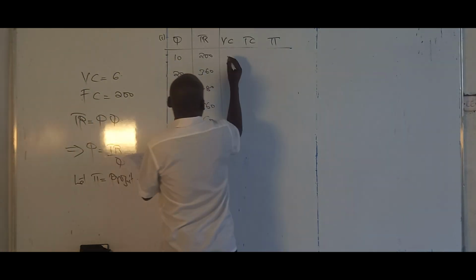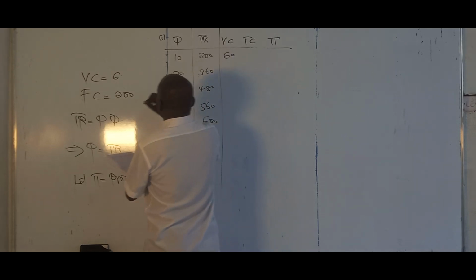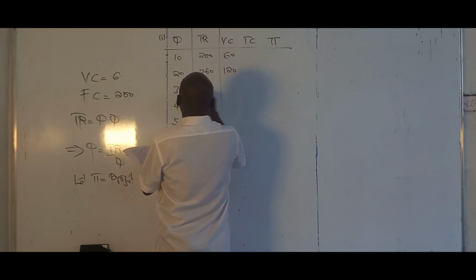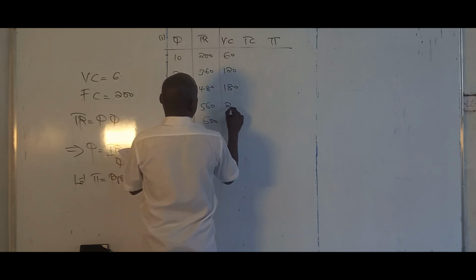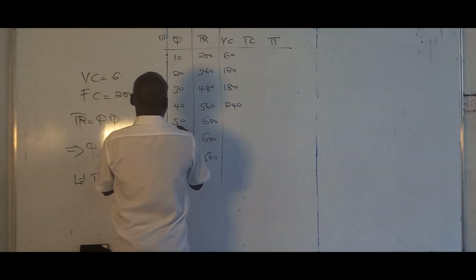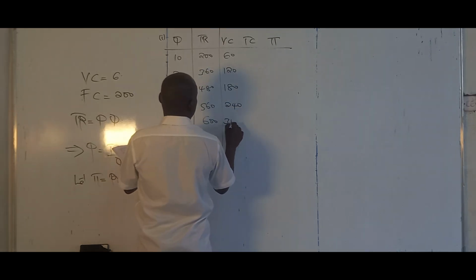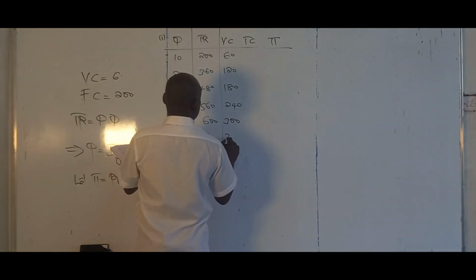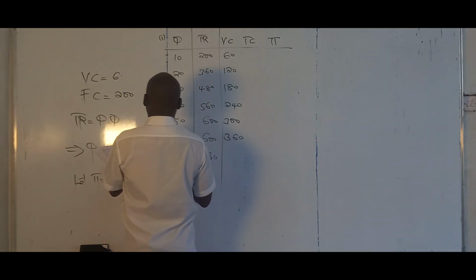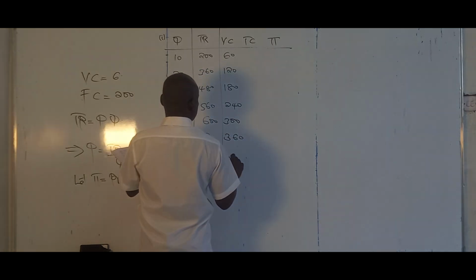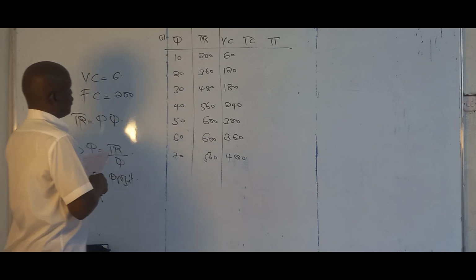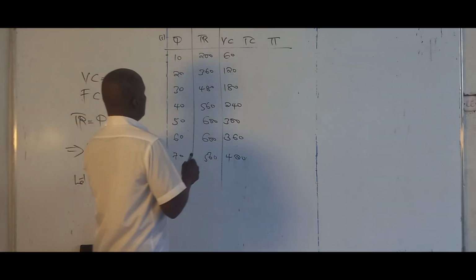So that here I have 60, and here I should have 120, 180, 240, 300, 360, 420. That's what I have for the variable cost column.